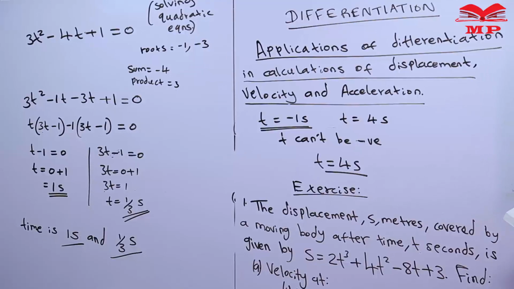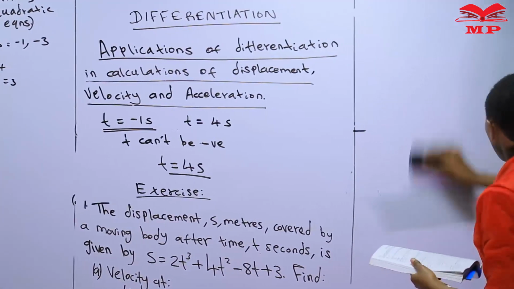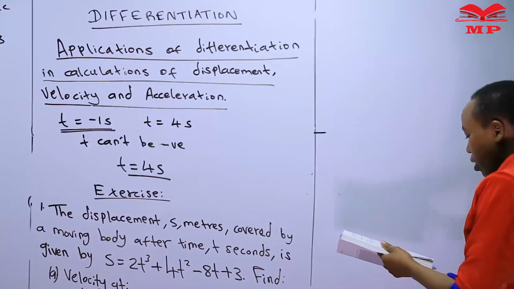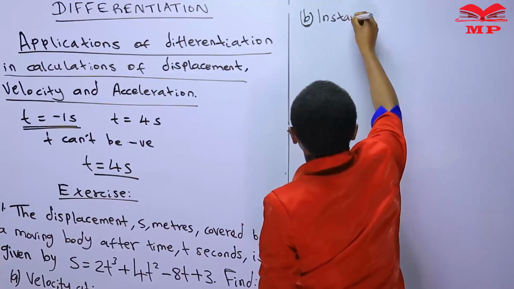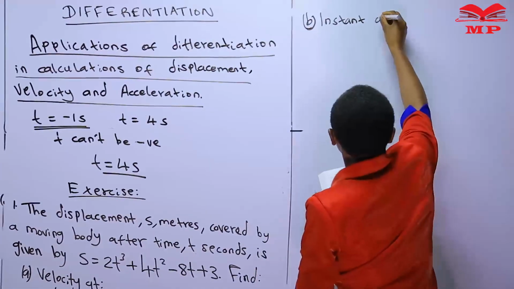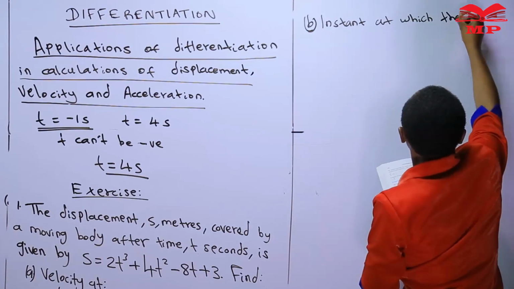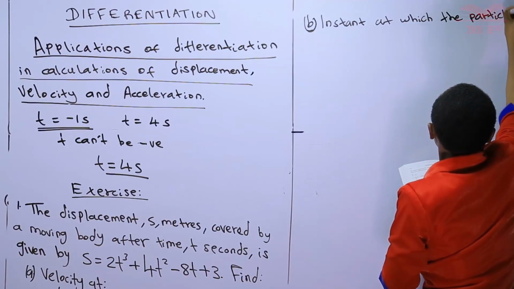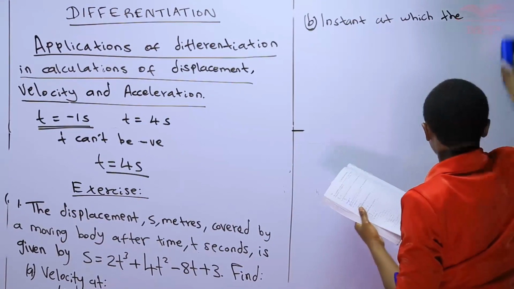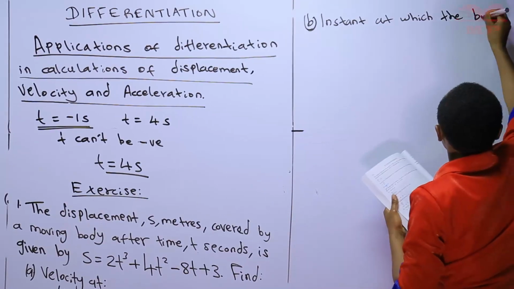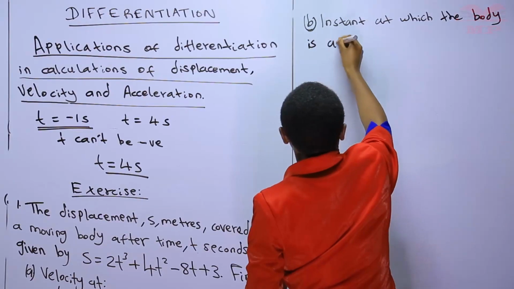Then part B of that question: after calculating the velocity at those instants, you also calculate the instant at which this body is at rest.